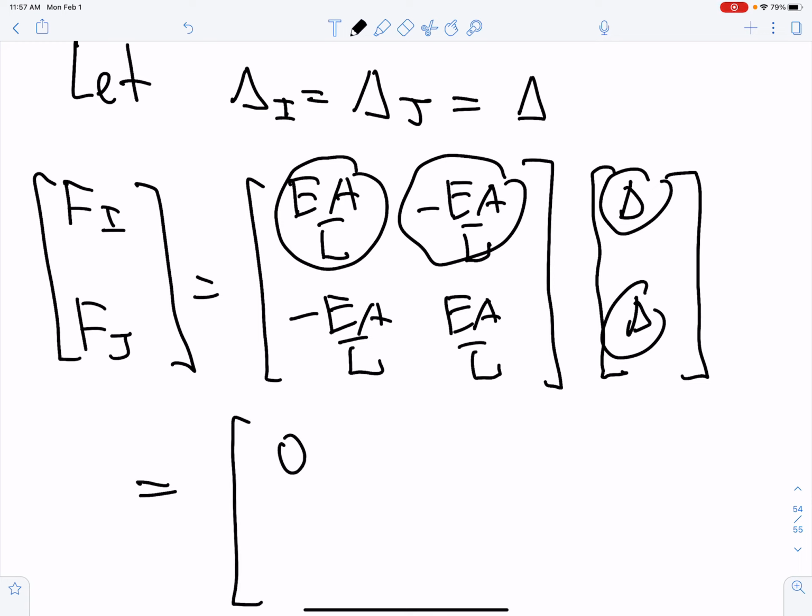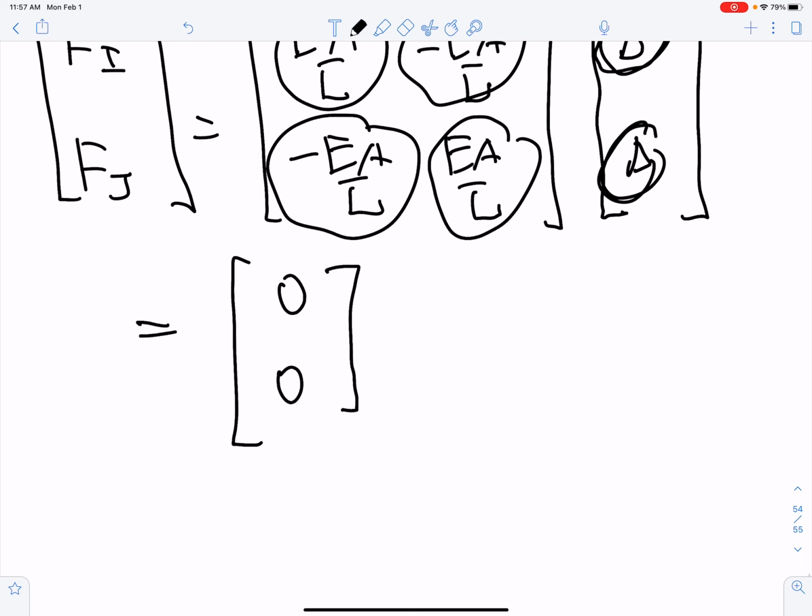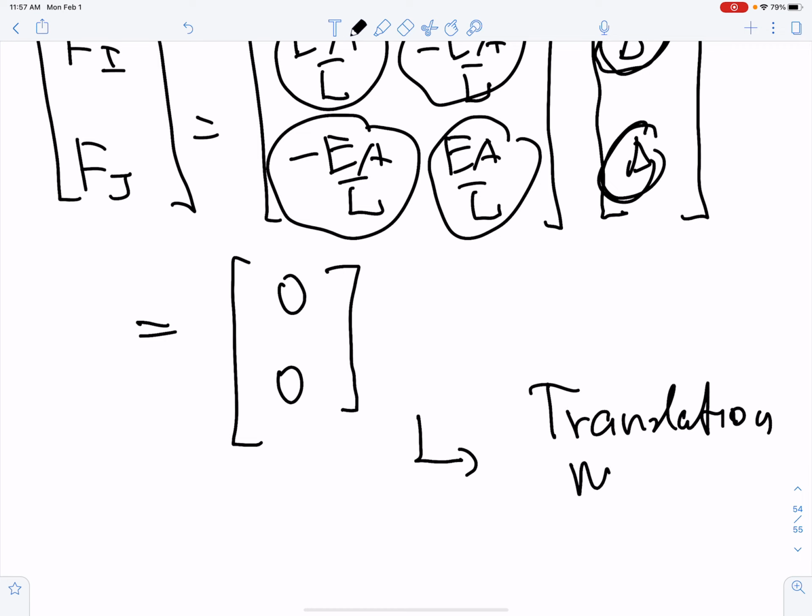So Fi is 0. And the same thing happens for Fj: minus EA over L multiplies this delta, plus EA over L multiplying this delta, I get another 0. So what we're looking at here is the translation mode. Physically, if something translates, it shouldn't build forces, and this is exactly what's happening here.